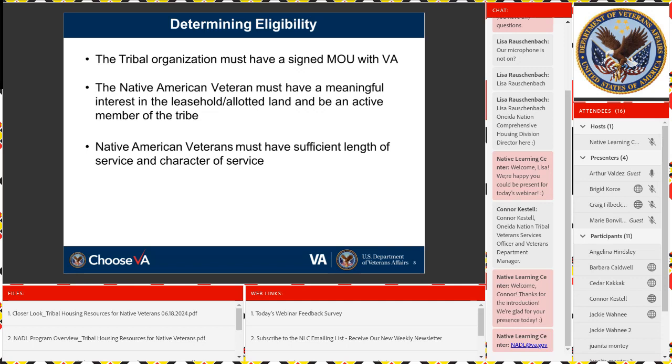Again, the tribal organization must have a signed MOU with the VA. The Native American veteran must have meaningful interest in leasehold allotted land and be an active member of the tribe. Native American veterans must have sufficient length of service and character of service. Again, anytime you get a VA loan, we have to request a COE. A COE means Certificate of Eligibility.